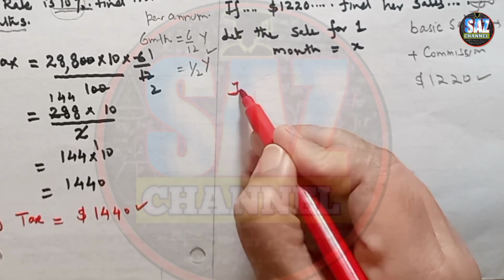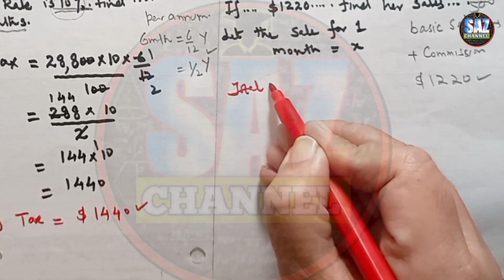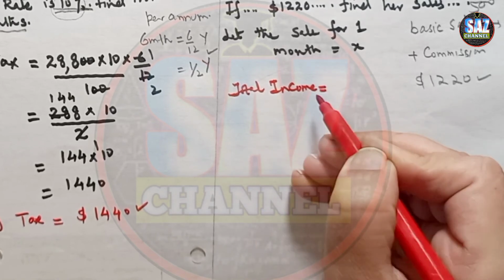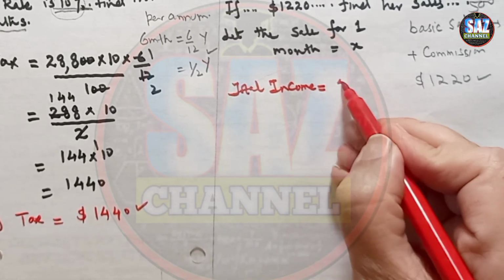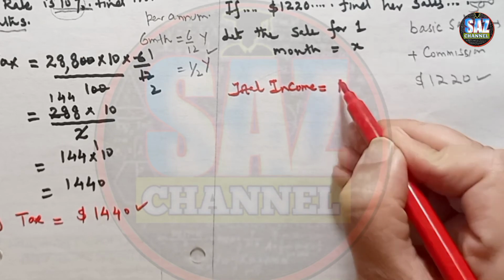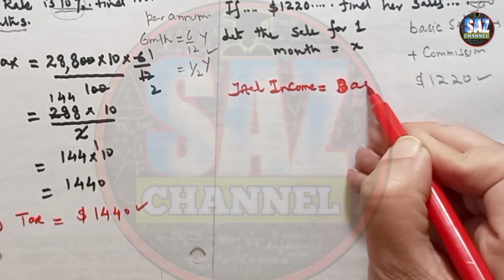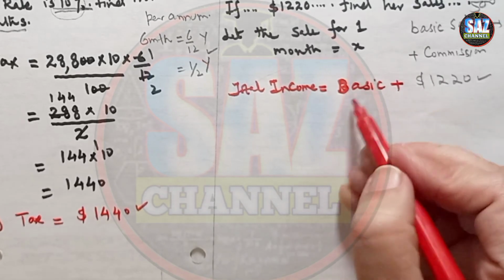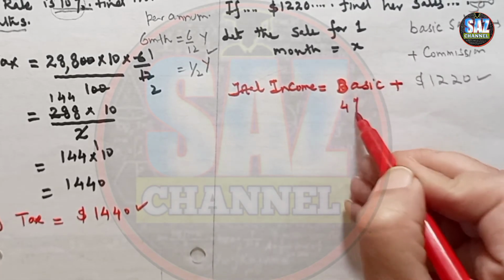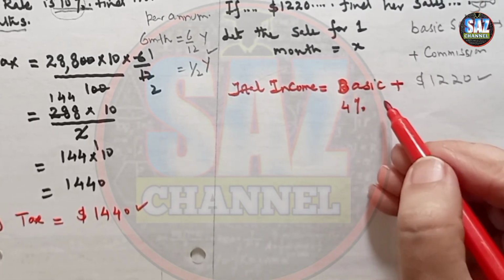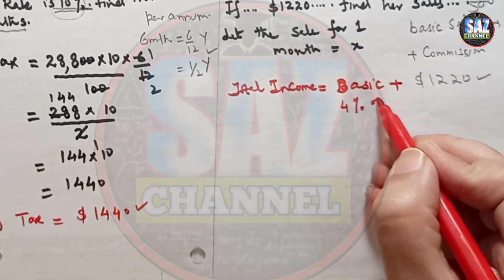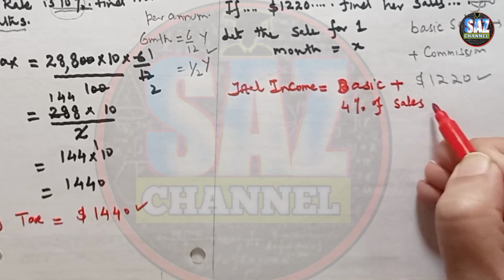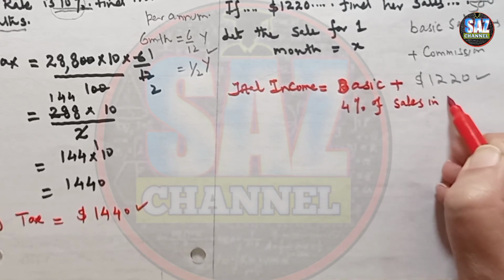Total monthly income equals 500, which is basic or fixed, plus 4% of her sales in that month.